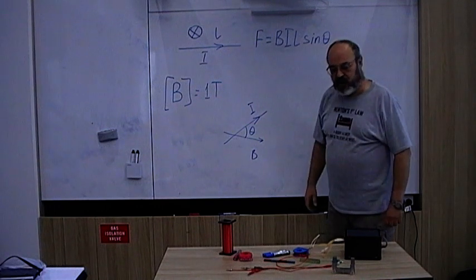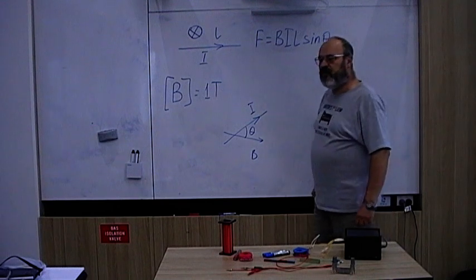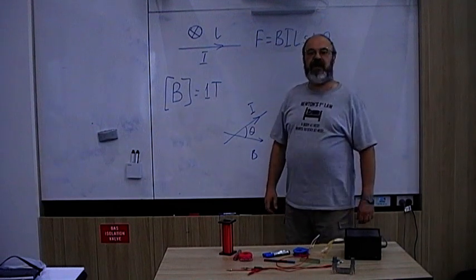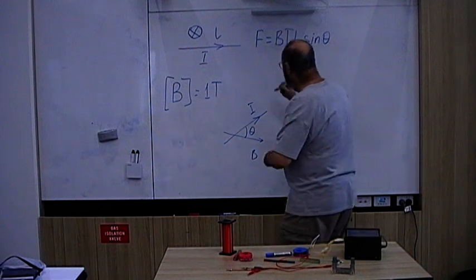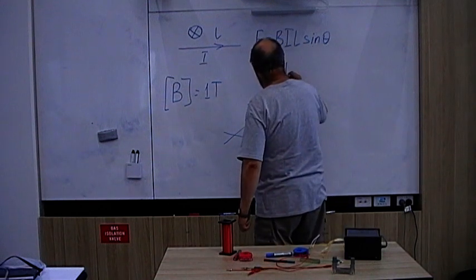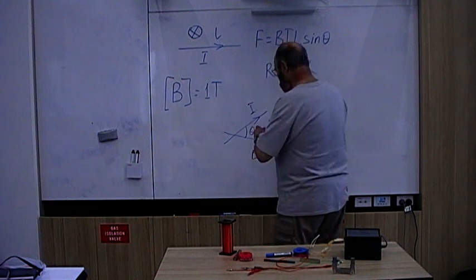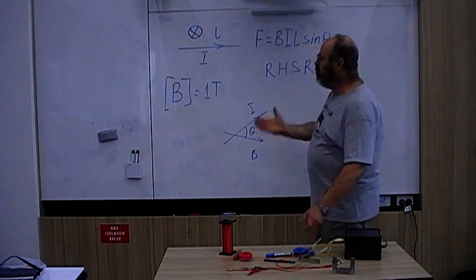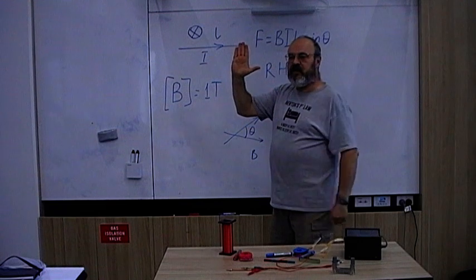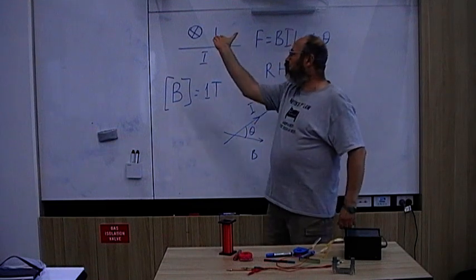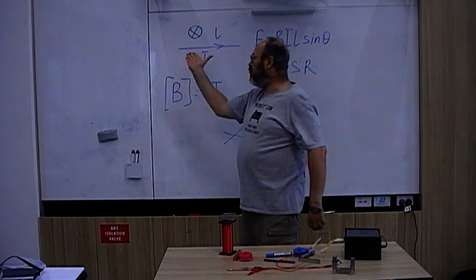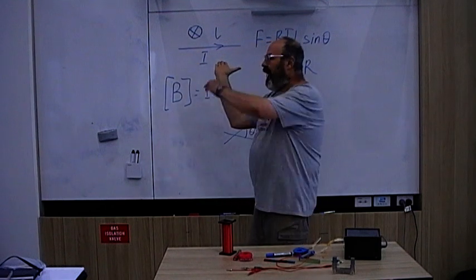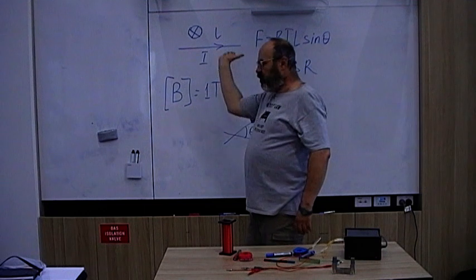And the direction of the force we will define using another right-hand rule, but not grip, the right-hand slap rule. How does it work? Your four fingers give you the direction of the magnetic field, thumb gives you the direction of the current, and force comes out of the palm. So the force on this wire will be up, like a slap, coming out of the palm.